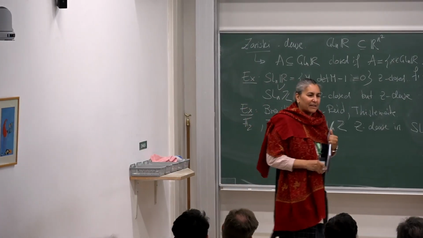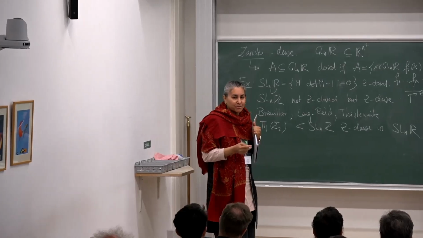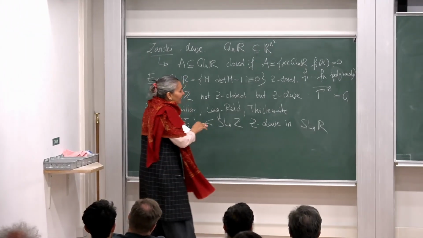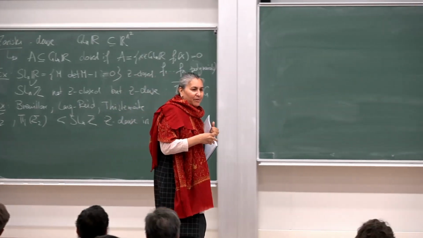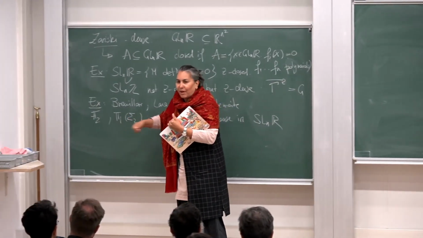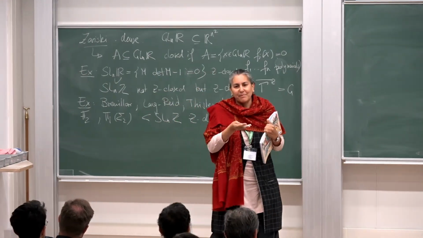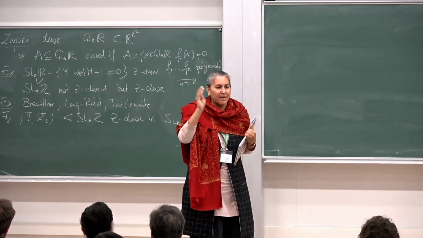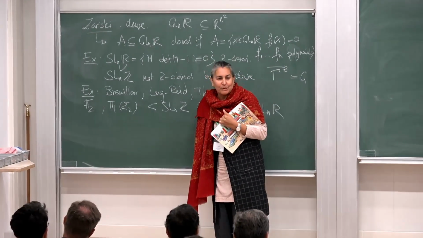Back then it was a big thing. I mean, at least in my mind, I was a student, I didn't know anything, but it looked like a big thing. Now it looks much less surprising, because those things have many different directions and they're kind of floppy, so it's less surprising that you could put them everywhere in SL_n(R). But you know, that's how math goes.